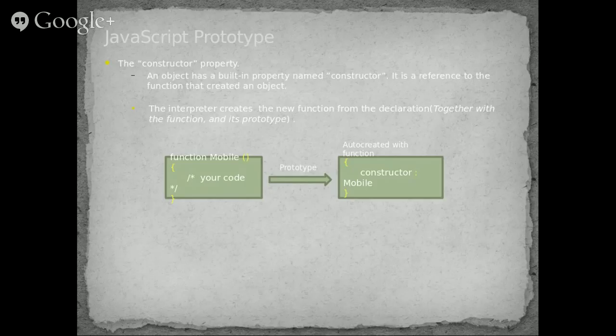This is a very simple sample of the mobile class, and I have just a function declaration. I have created two objects here, phone1 and phone2, and we are watching what phone1 contains.